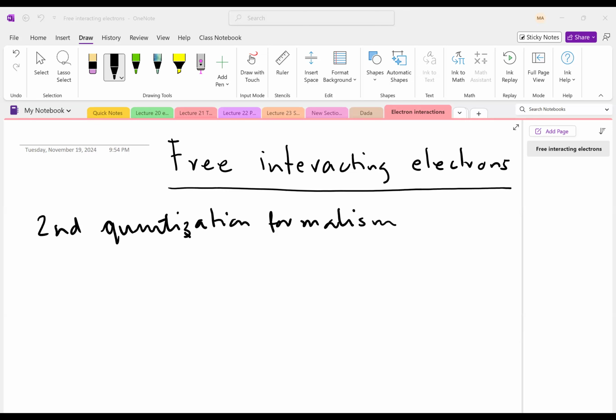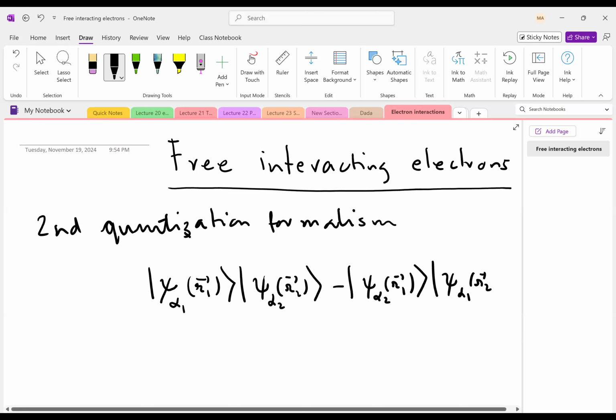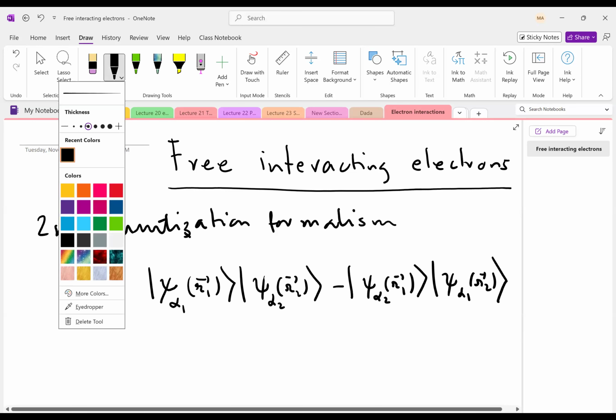If we focus on two electrons, the wave function can be written in this fashion: psi alpha 1 R1, psi alpha 2 R2, minus psi alpha 2 R1, psi alpha 1 R2.